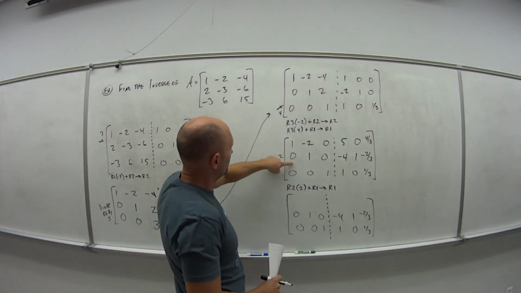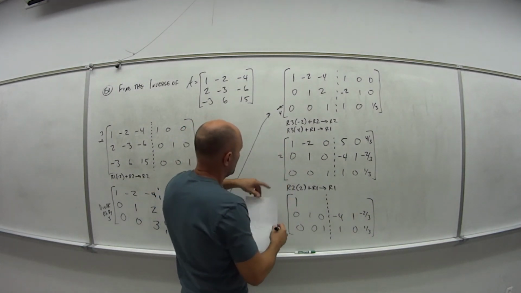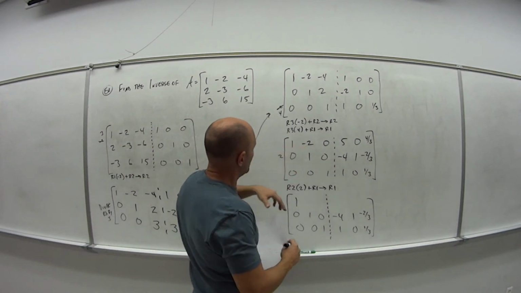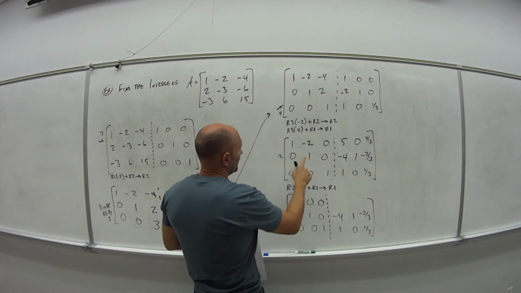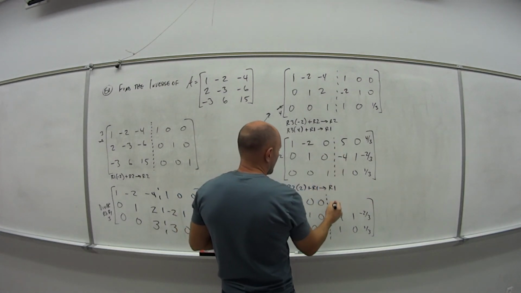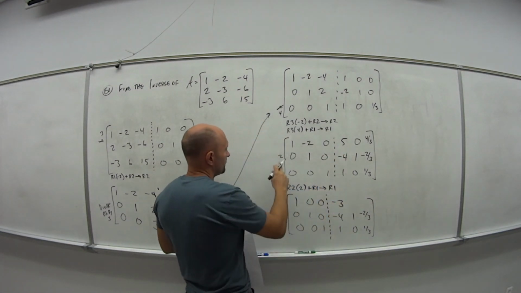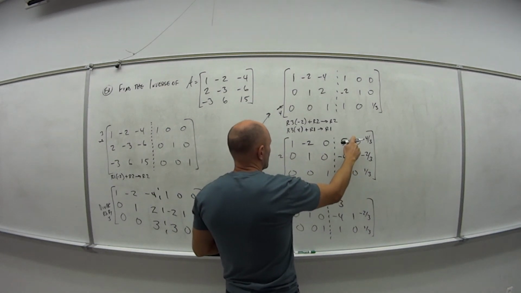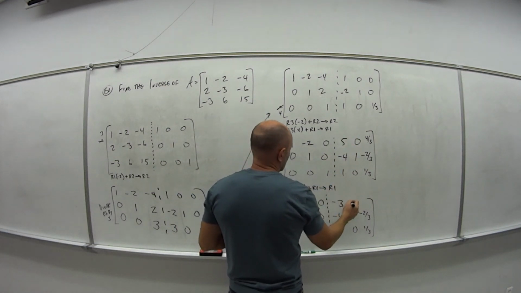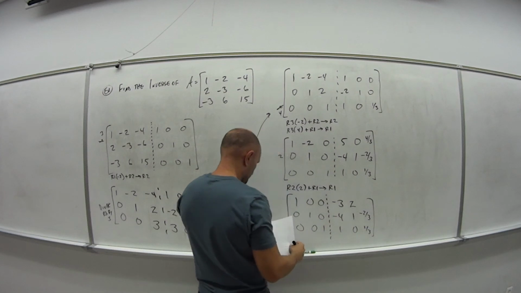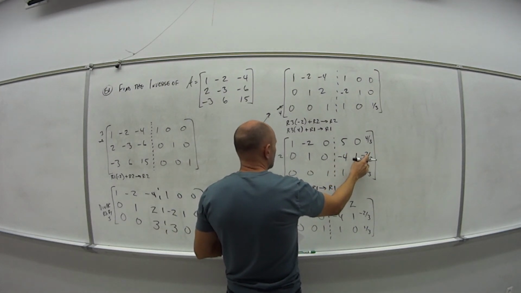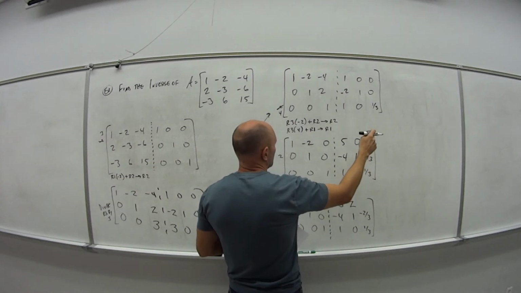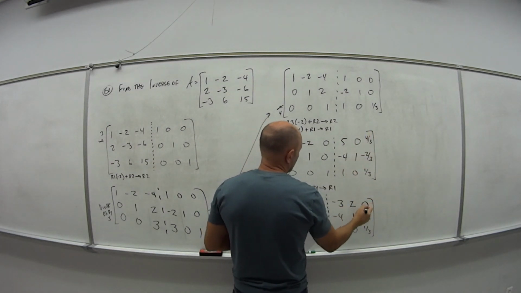So 2 times 0 is 0, plus 1 is 1. 2 times 1 is 2, minus 2 is 0. 0 plus 0, 0. Negative 8 plus 5, negative 3. 2 plus 0 is 2. 2 times negative 2/3 is negative 4/3. Negative 4/3 plus 4/3 is 0.